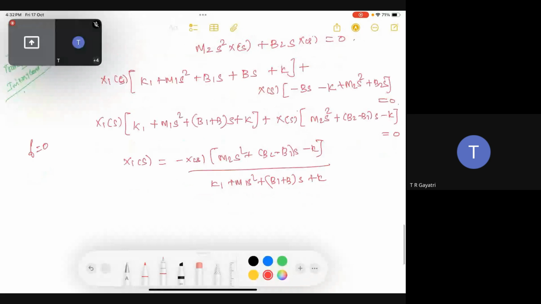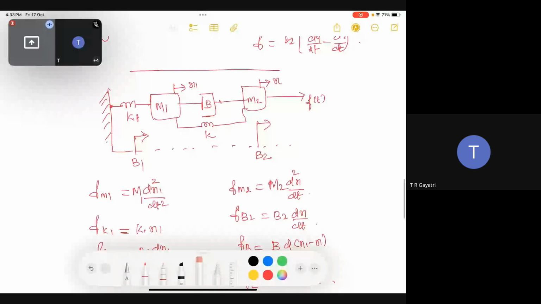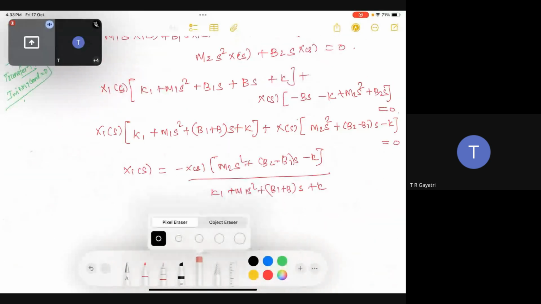Okay, we made a mistake there. I understood. Instead of writing this, we can write it in terms of two equations that will make it less complex. Yeah, sorry. Let me rewrite this.